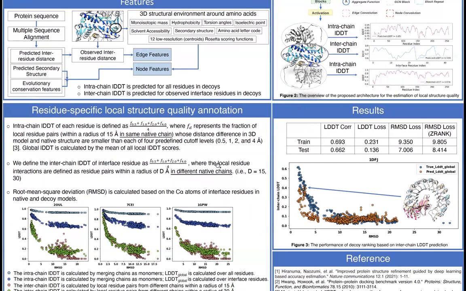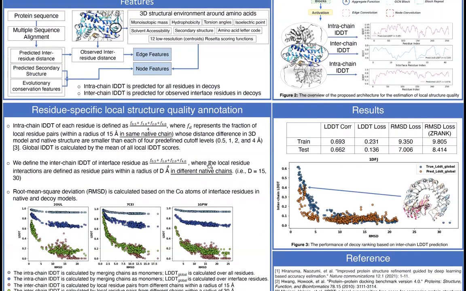However, the local interactions defined by the local residue pairs are found from different protein chains in the complex model. For instance, for every residue in one chain, you look for the distance pair in another chain and then derive the fraction of the local residue interactions that are conserved in the 3D models.